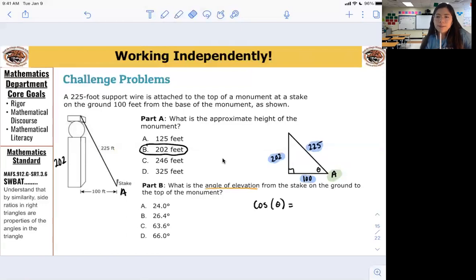Okay, that's fine. Rios then. What would be the cosine of theta?